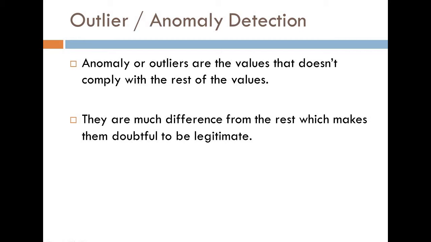Generally, outliers can be identified because there aren't going to be many values around them. Their values are going to be a lot more different from the rest of the values.